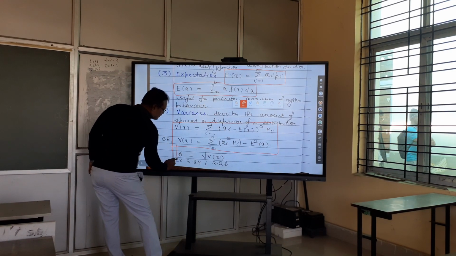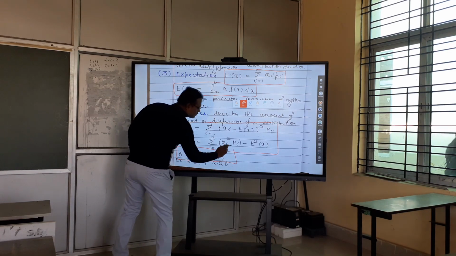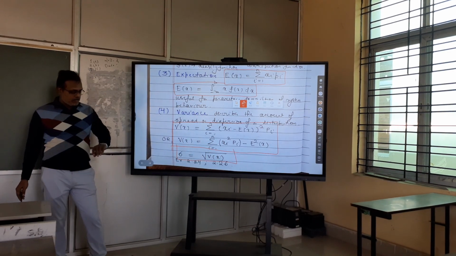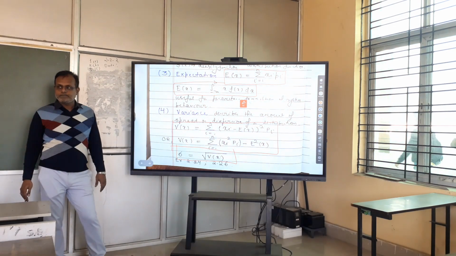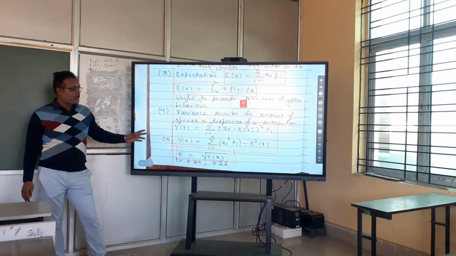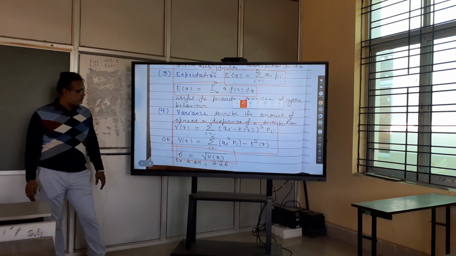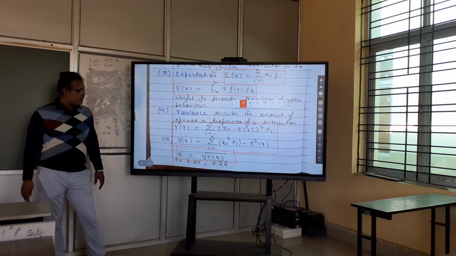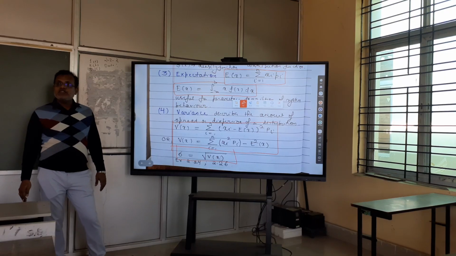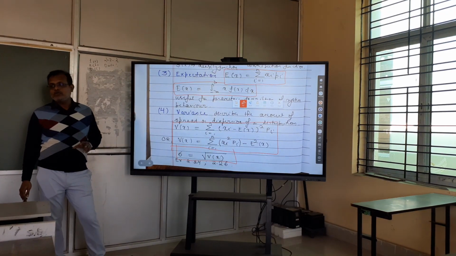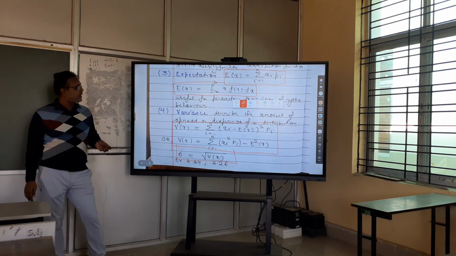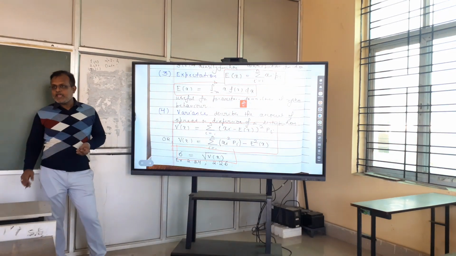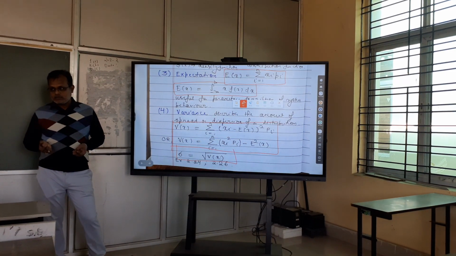And the standard deviation is the square root of the variance, which we have seen in the last subject. So under probability distributions, these are the things you have to understand: random variable, PDF and CDF, expectation or mean, and variance, the dispersion around the mean.